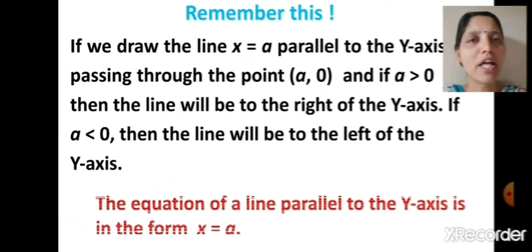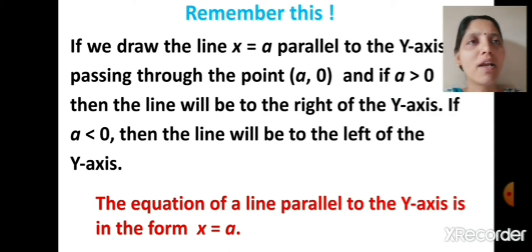Okay. Therefore, the equation of a line parallel to the y-axis is in the form x is equal to a. So these equations you should know. The equation of the lines parallel to the x-axis and the equation of a line parallel to the y-axis.